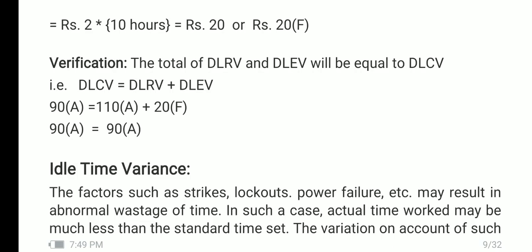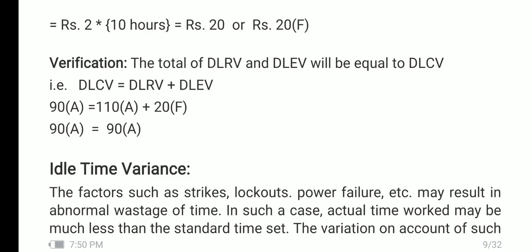Now, let us consider idle time variance. The factors such as strikes, lockouts, power failure, etc. may result in abnormal wastage of time. In such a case, actual time worked may be much less than the standard time set.